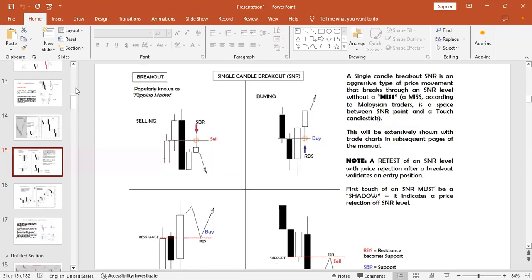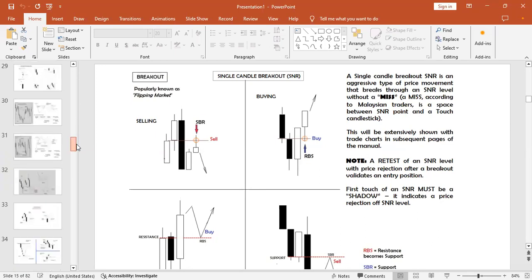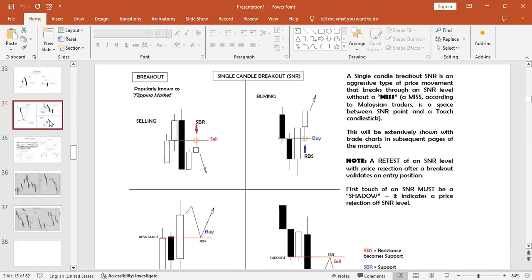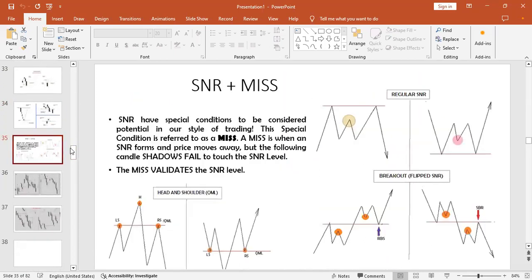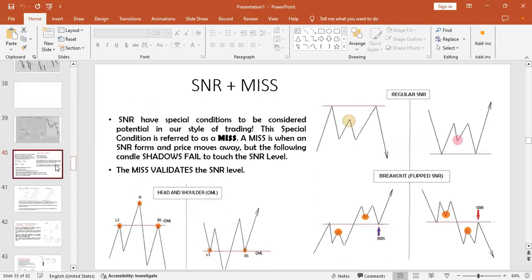So we have talked about this. So I want to move into this engulfing stuff, and trend line, so we can cover up.